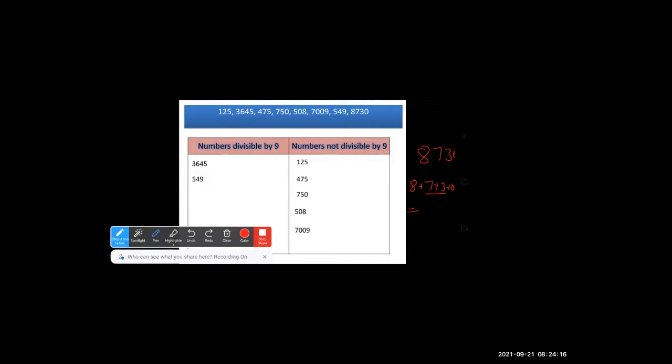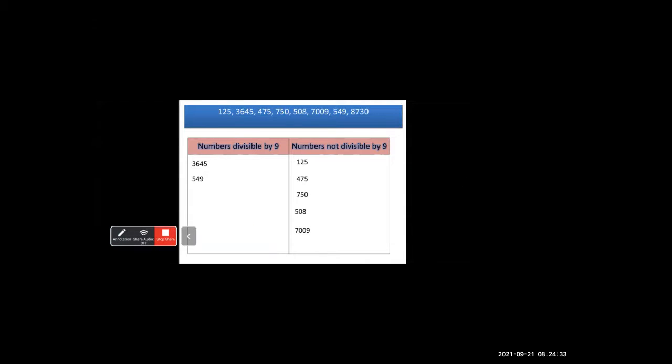Yes, 7 plus 3, we all know. 7 plus 3 is what? 10, and 10 plus 8 is 18. Again, we all know that 18 comes in the table of 9, right? So tell me now whether this number is divisible by 9 or not. Means it is divisible. Very good. It is divisible by 9.